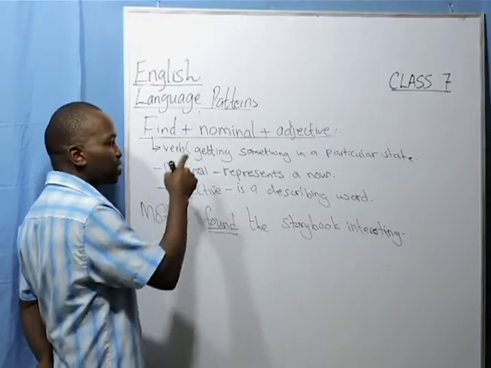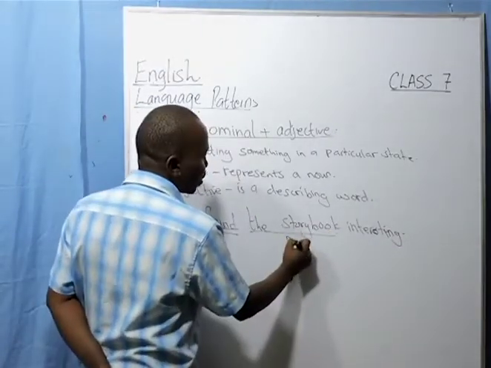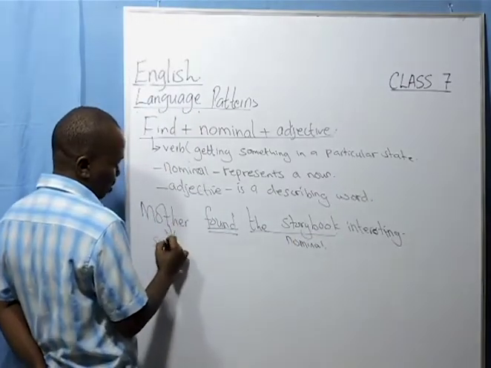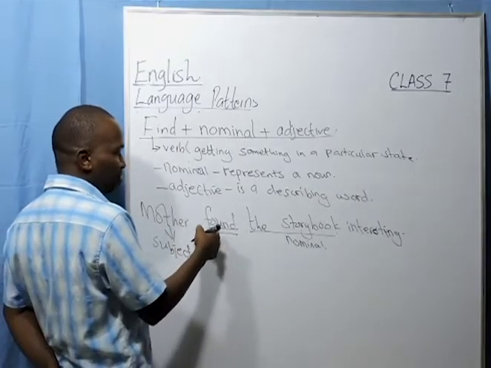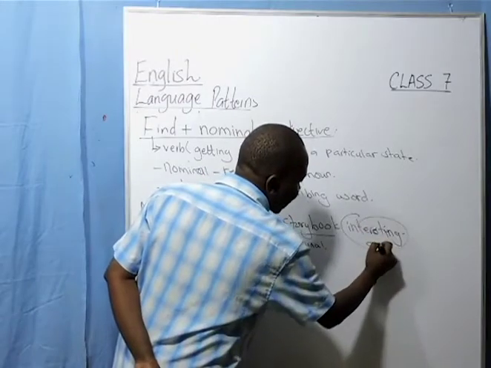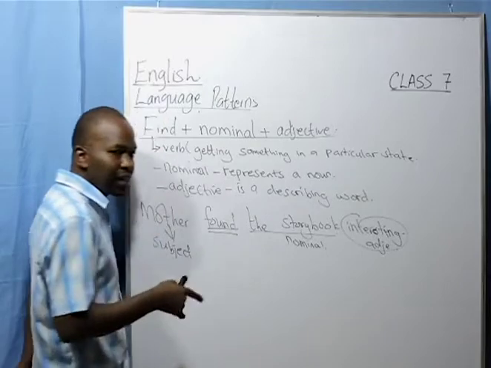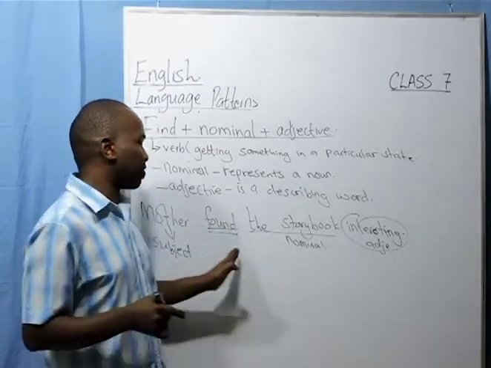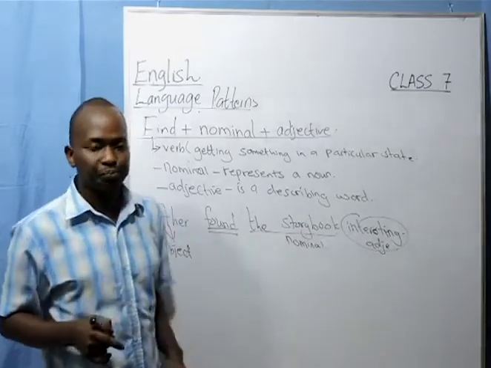At which state was that something? The storybook. This is the nominal now. Remember, this one is the subject, the doer of the action of finding. So, found the storybook interesting. This is an adjective because we can say an interesting storybook. So, therefore, mother found the storybook interesting.